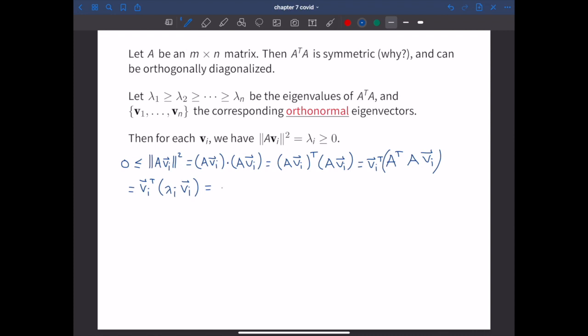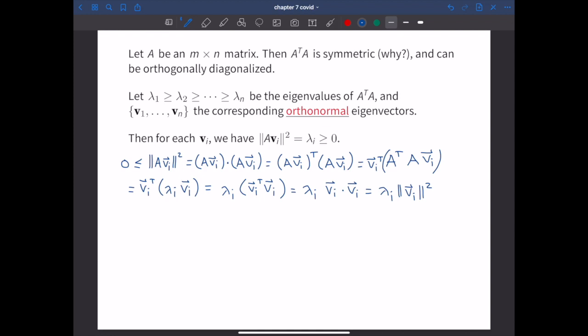If I pull that lambda I out, we get VI transpose times VI. But again, we can take this matrix multiplication and convert it back into a dot product. So this gives us lambda I VI dot VI, and VI dot VI is just the length of VI squared.